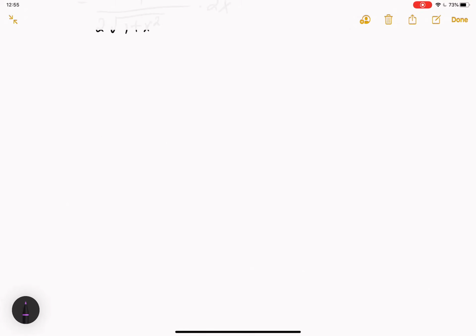So to clarify what I mean, I'll write down the words. For the chain rule, we work from outside in.